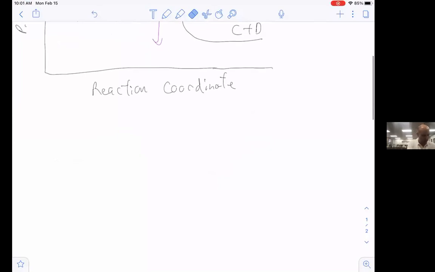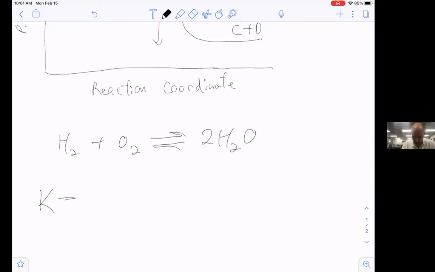So suppose we had this reaction. So the equilibrium constant is a capital K. Oh, I didn't balance the reaction here. The equilibrium constant is a capital K.